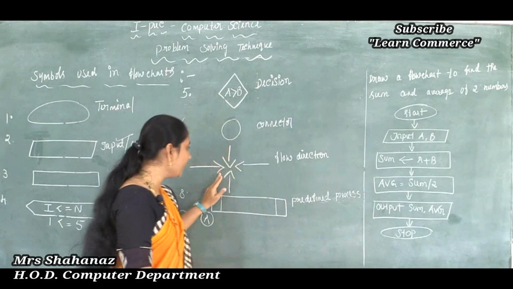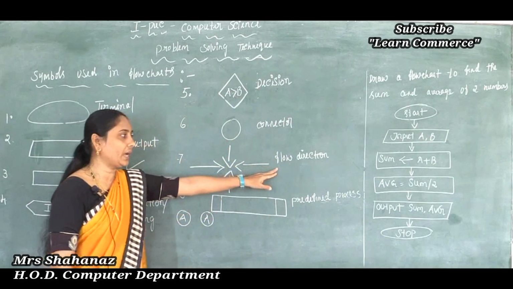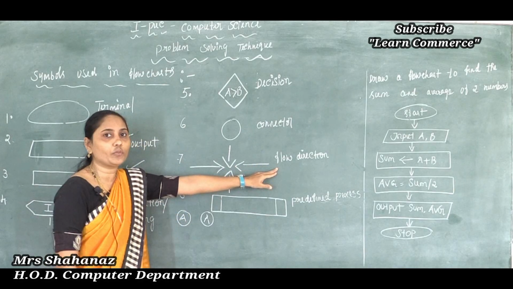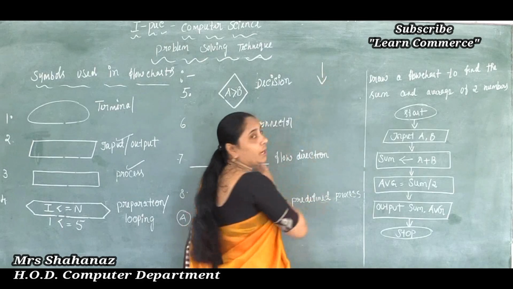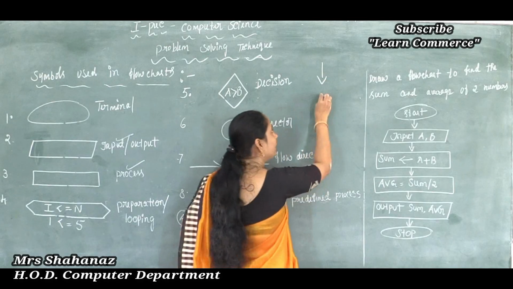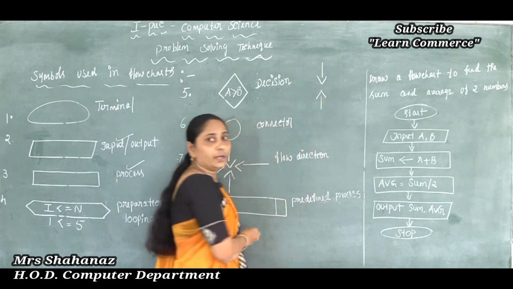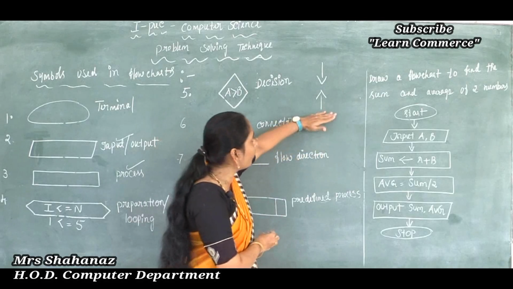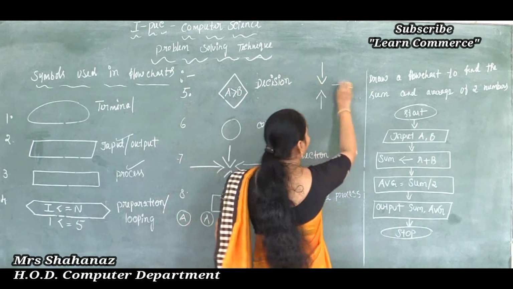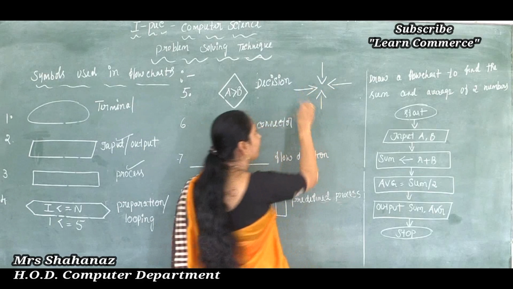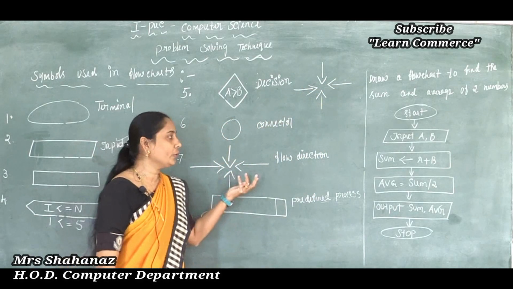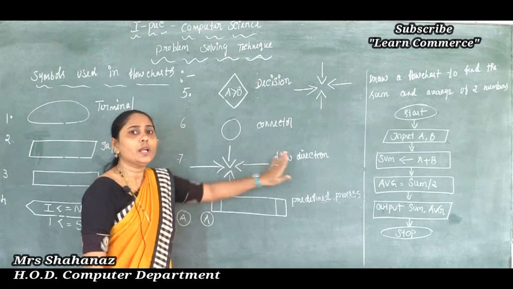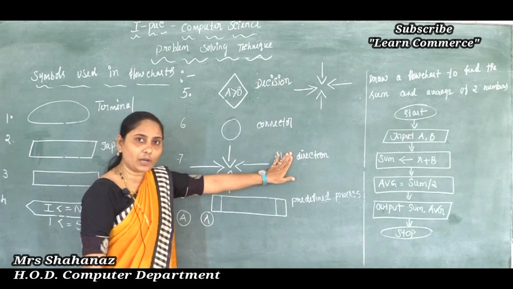So the flow direction means the direction of the data flow. Sometimes the data flows top to bottom, or down to up, or from the left side or the right side. Any side the data may flow, it depends on the program.